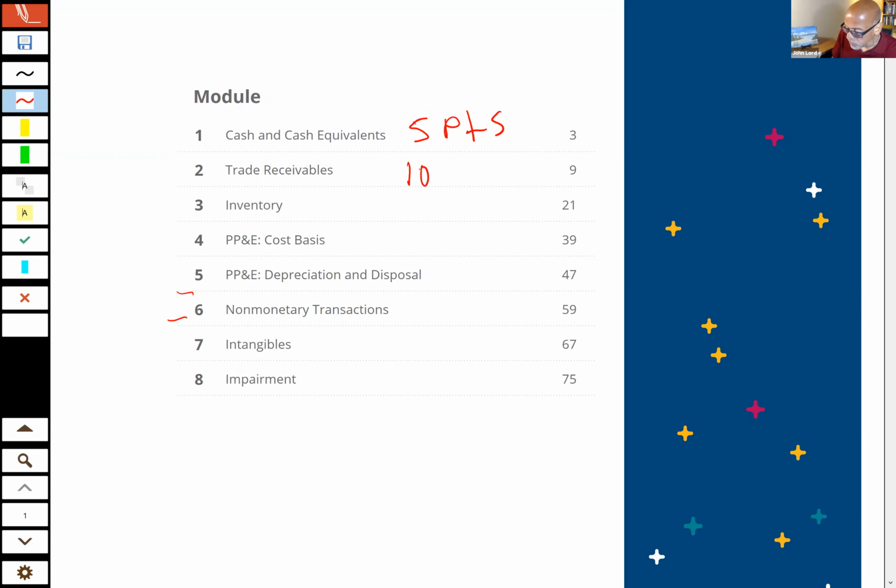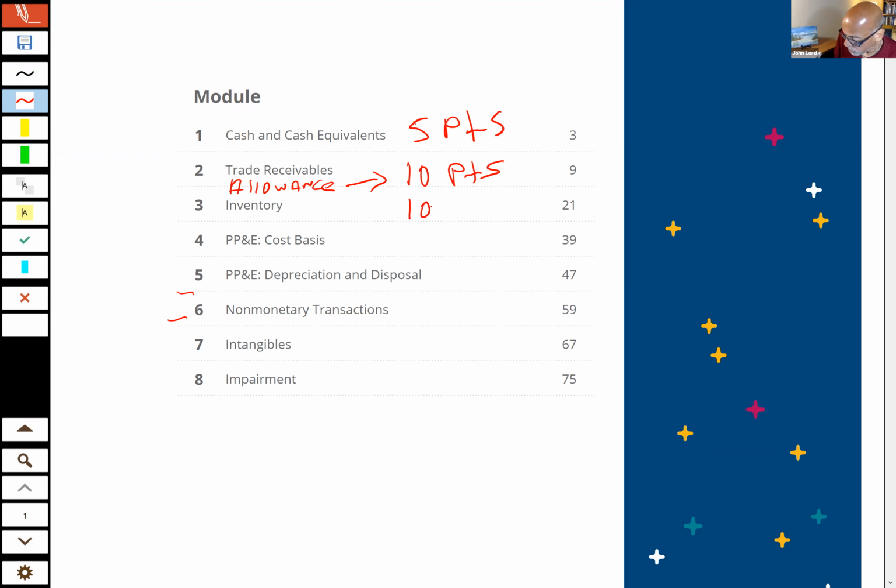Trade accounts receivable, 10 points on the exam. And it's not only receivables, it's also the allowance against the accounts receivable, and that's probably the part that contributes more towards those 10 points. They expect you to understand your allowance accounting.